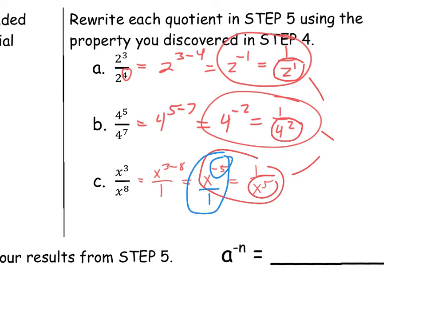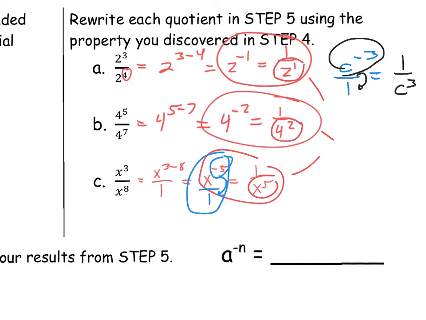So to make it positive, it looks like you just flip it down to the denominator, flip it over the fraction bar. So if I had something like c to the negative third, I don't want the negative third. So what I need to do when you're working with these negative exponents is make a fraction, flip it around the fraction bar. So this would become 1 over c to the positive third.